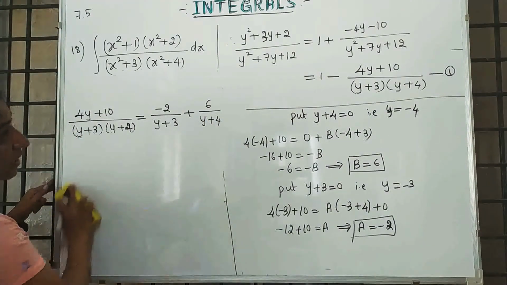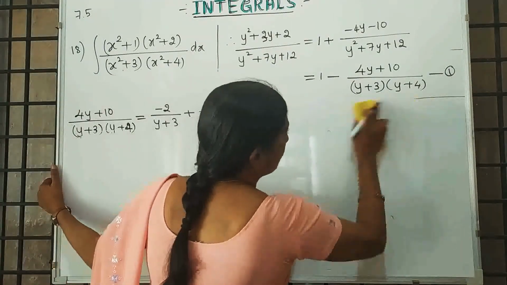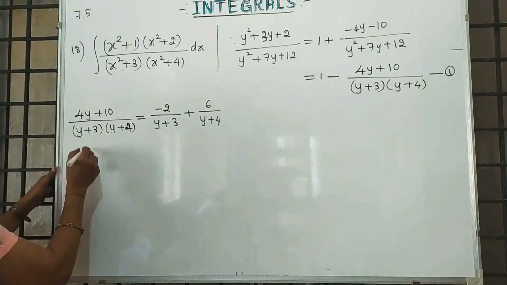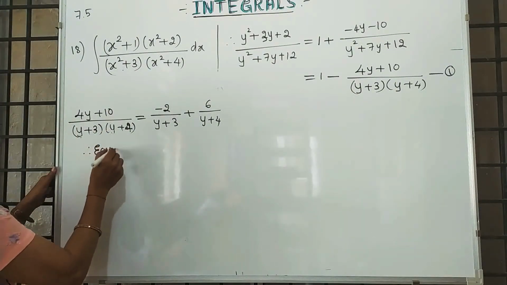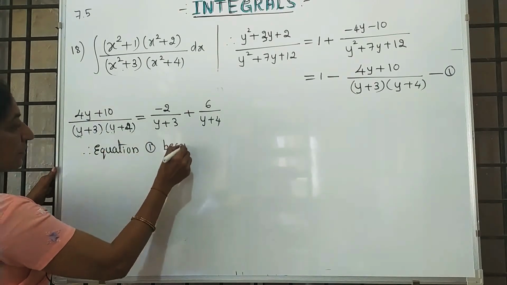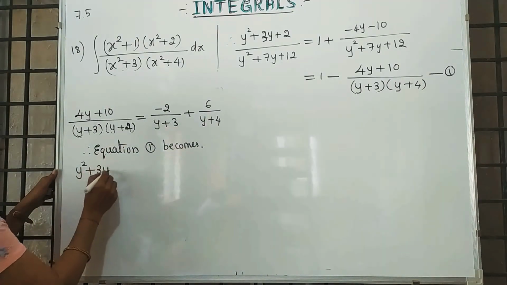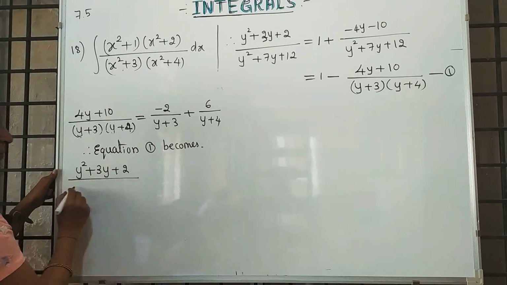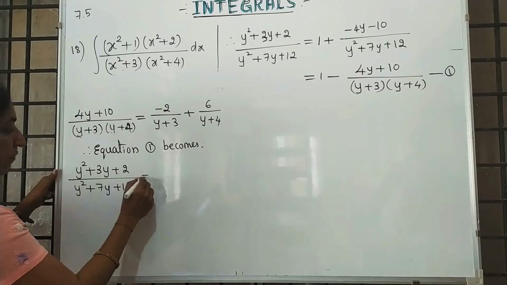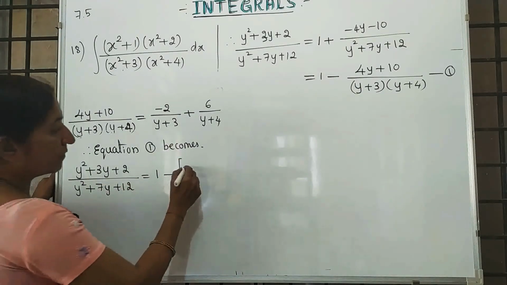Now write down these values in equation 1. Therefore, equation 1 becomes (y² + 3y + 2)/(y² + 7y + 12) = 1 − [−2/(y + 3) + 6/(y + 4)]. Write it in the bracket, outside we have a minus.